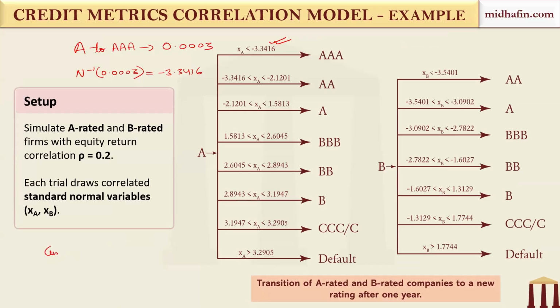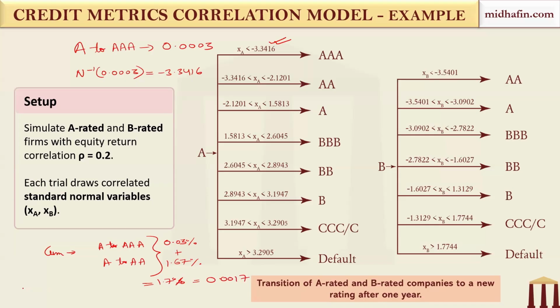So the cumulative probabilities of both A to AAA as well as A to AA, if we add them together, you get 0.03% plus 1.67%, which gives us 1.7%, which is equal to 0.0017.